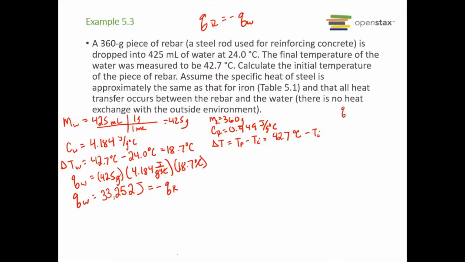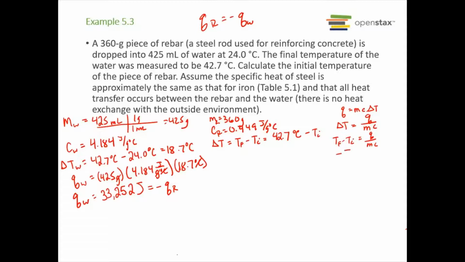So now we know Q equals MC delta T. Getting delta T by itself, delta T is equal to Q over M times C. T final minus T initial equals Q over MC.